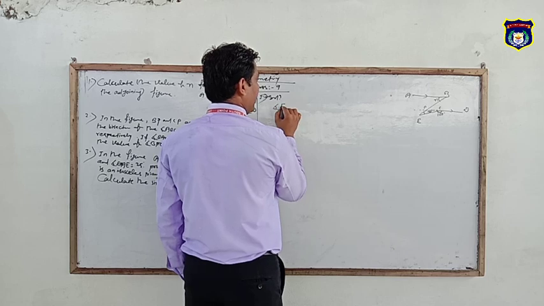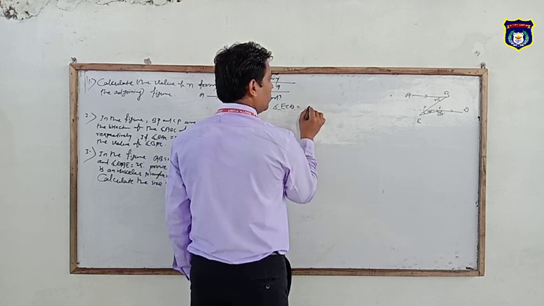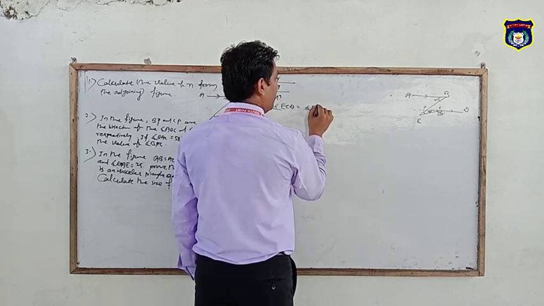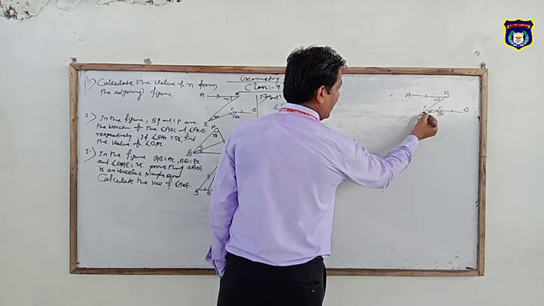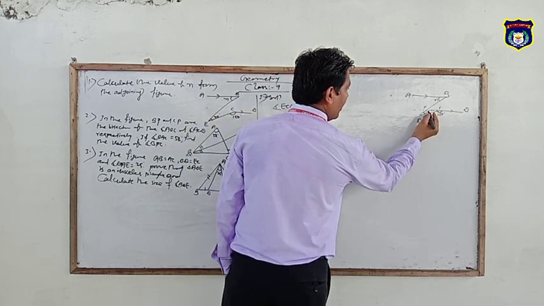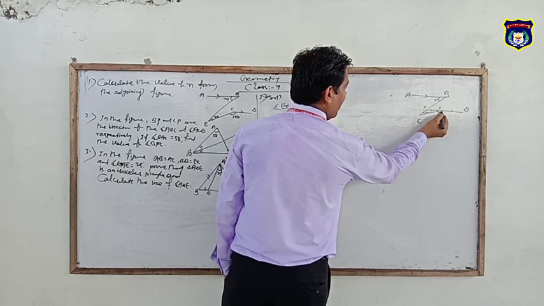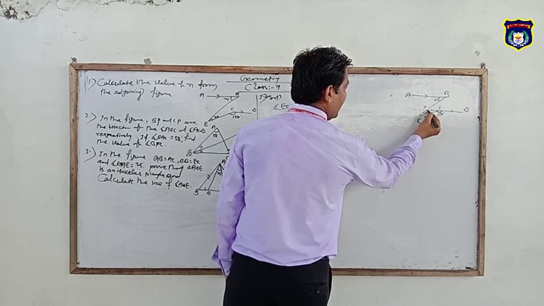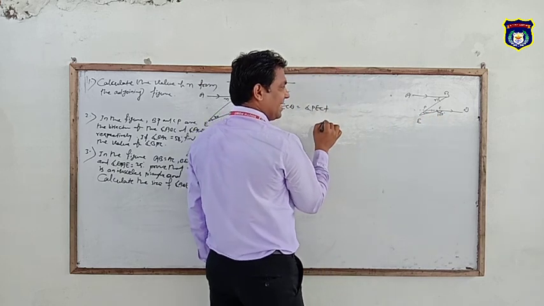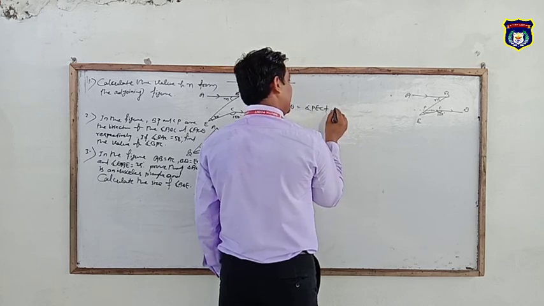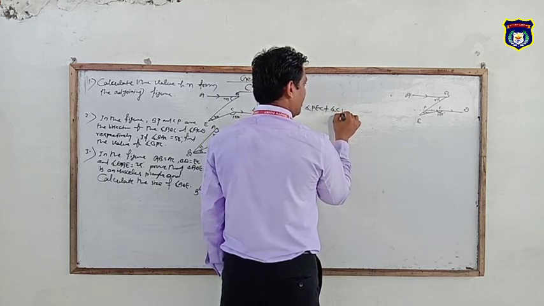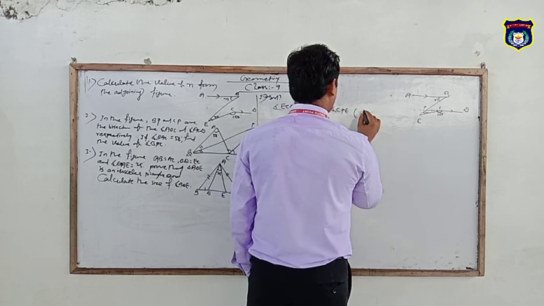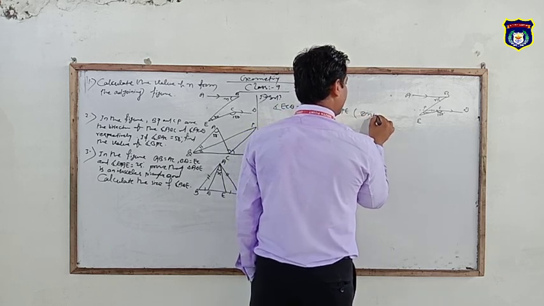So angle ECD equals angle PEC plus angle CPE. PEC is this angle, which is 40 degrees, and CPE is the opposite interior angle.